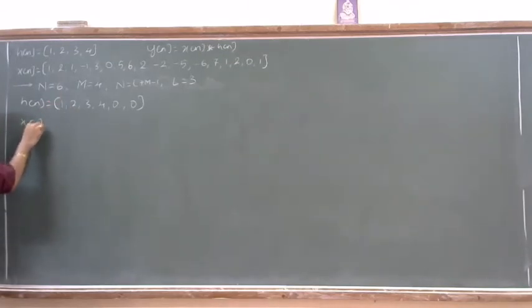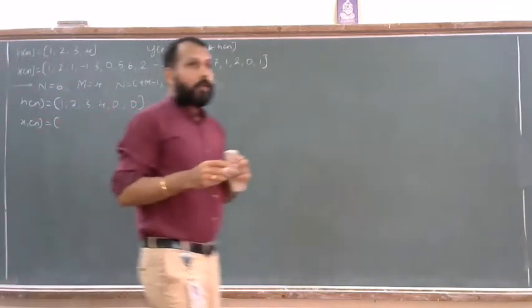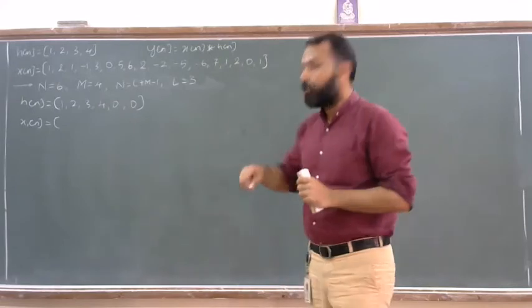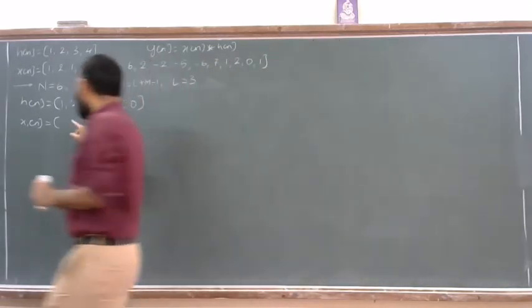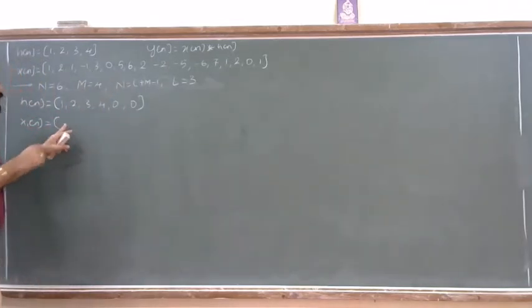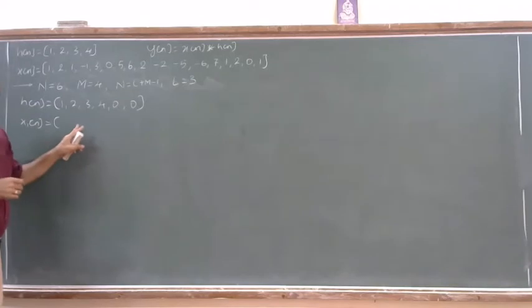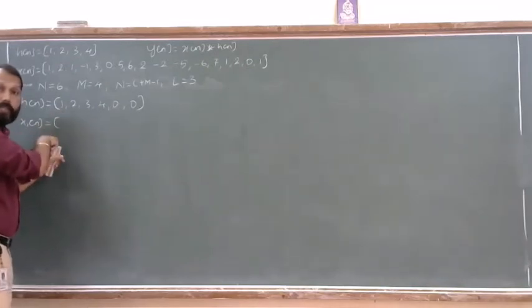Now the first segment of data from x of n. Here, because we will not be having any previous sample to consider, and according to the overlap save method, L samples have to be taken from the input, but M minus 1 zeros are to be padded or included at the beginning of this sequence itself.